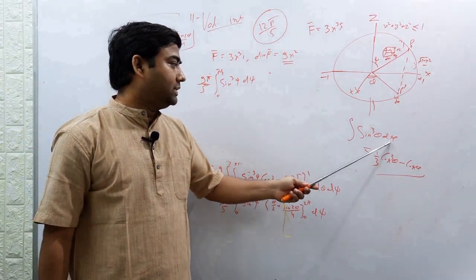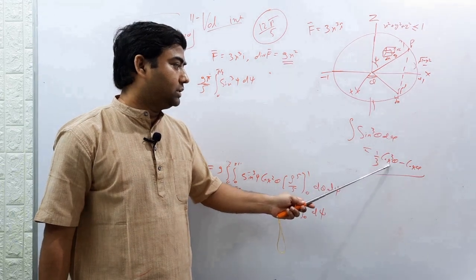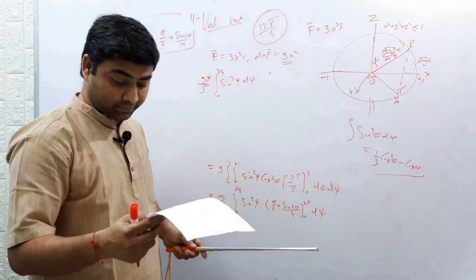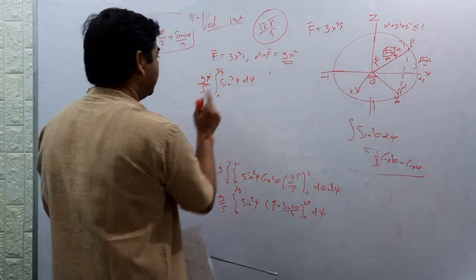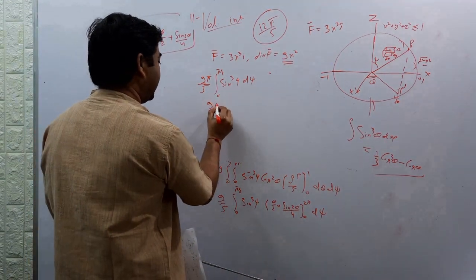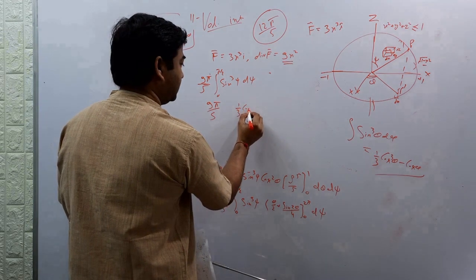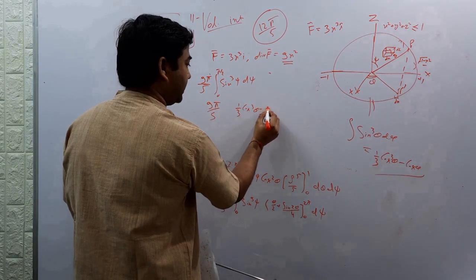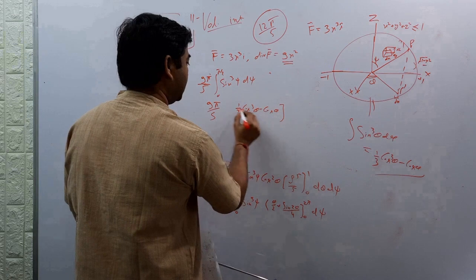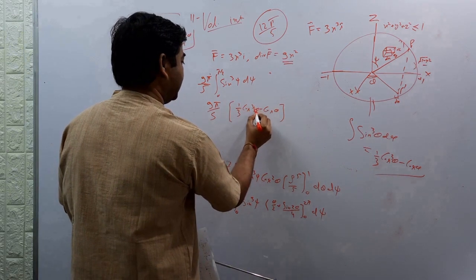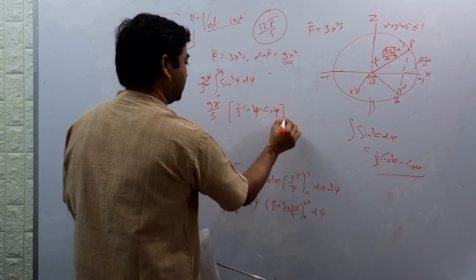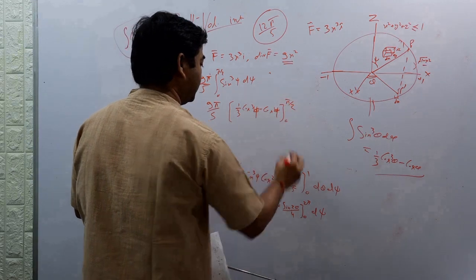You can put it here: 9 pi by 5, 1 by 3 cos cube theta minus cos theta, cos psi, from 0 to pi by 2.